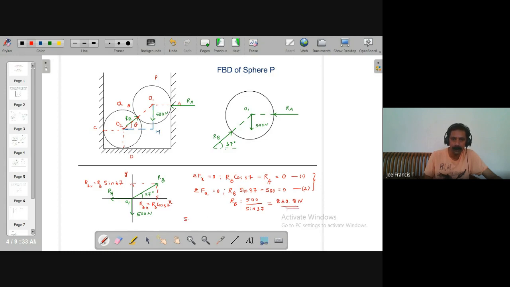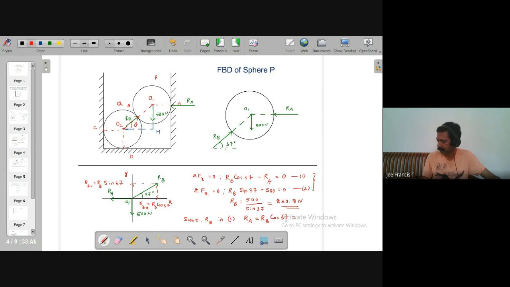Substitute RB in equation 1. You can find RA. So RA is given by RB cos 37. So 830.8 into cos 37.